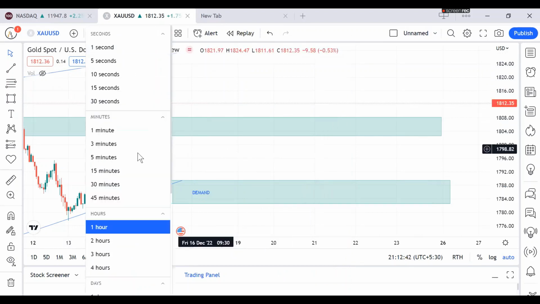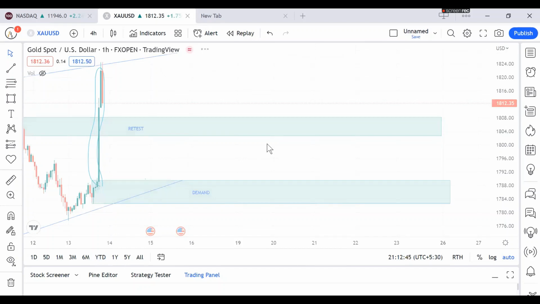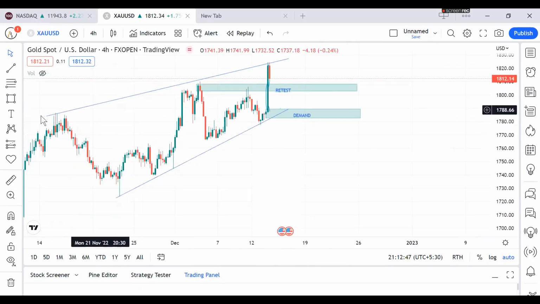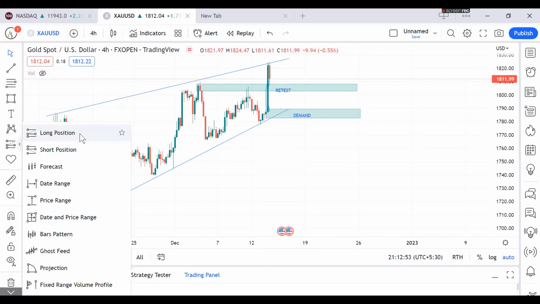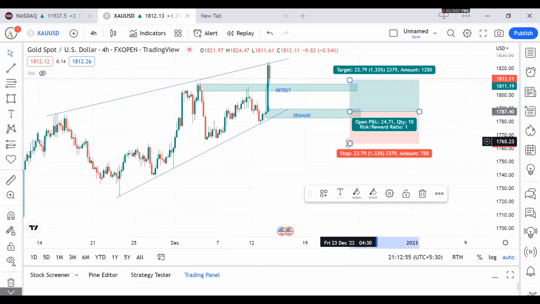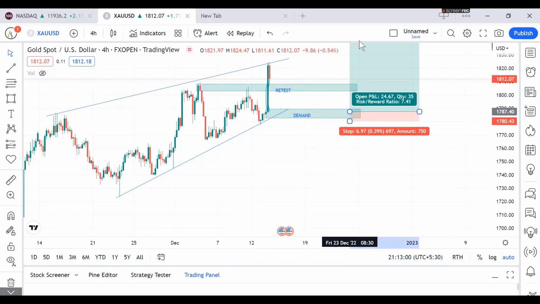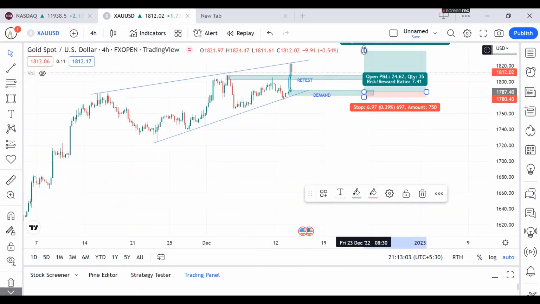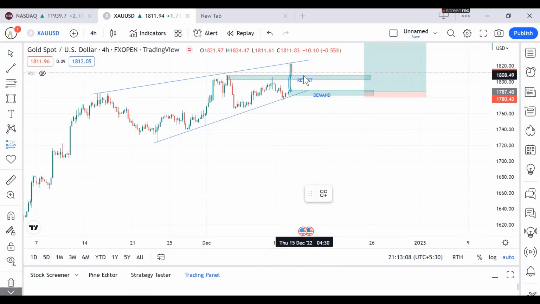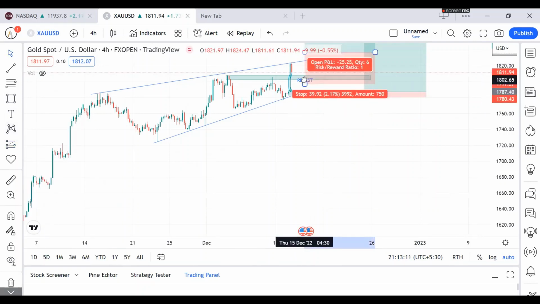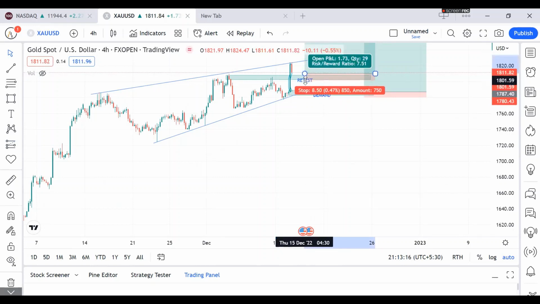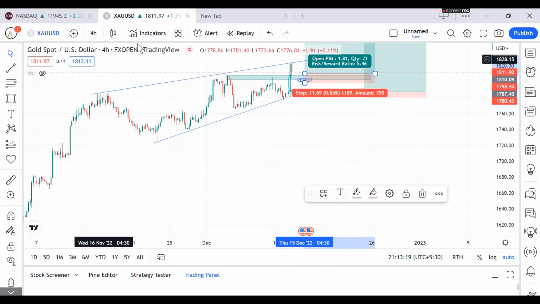All right, so let's go back to the 4-hour, and we're going to put our long positions. We'll put our long position here also, and also here if the retest happens.